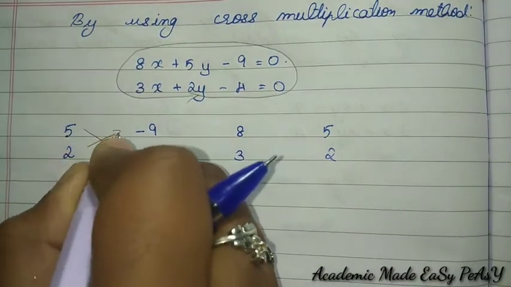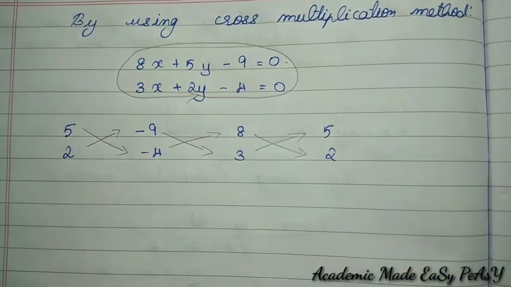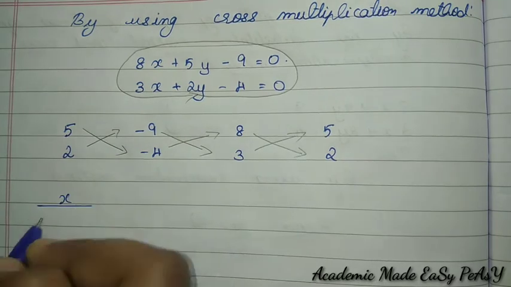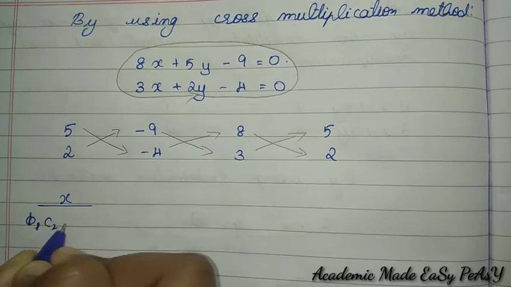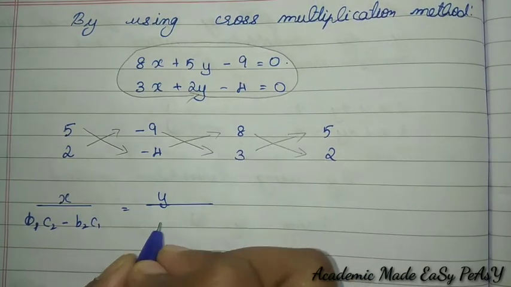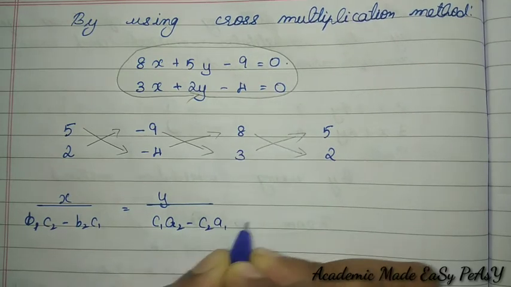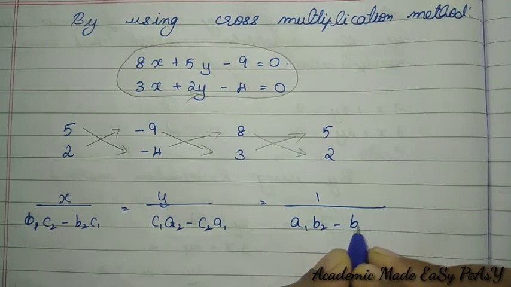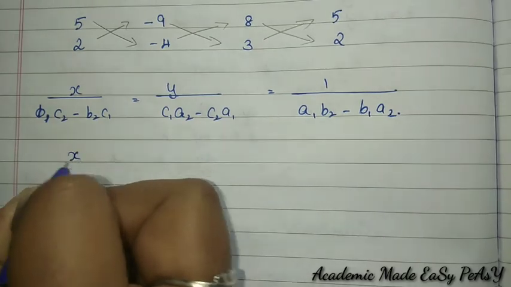Now I will start writing the formula, that is x divided by (B1 C2 minus B2 C1) is equal to y divided by (C1 A2 minus C2 A1) is equal to 1 by (A1 B2 minus B1 A2). Now let us start substituting.